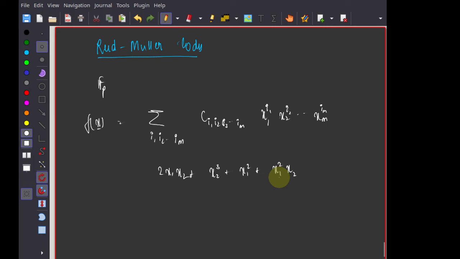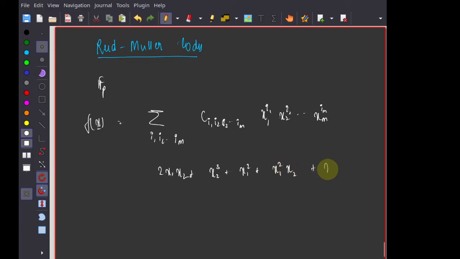Right? So we need some notation over here. We'll say that the degree of this particular polynomial is the maximum sum of degrees of any monomial. So in this particular example, the maximum degree is 3, or also 2 plus 1, 3.